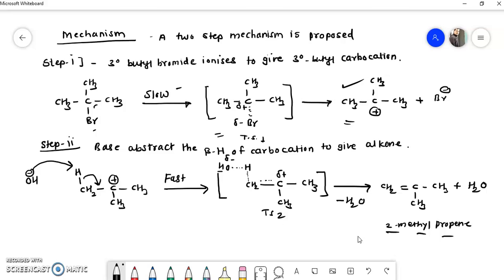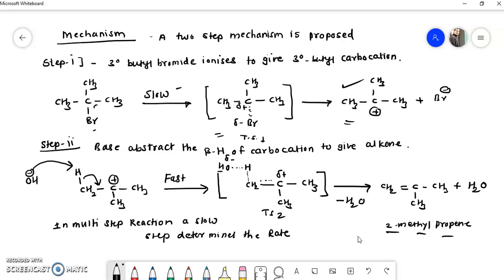And you know that in a multi-step reaction, a slow step determines the rate of reaction.